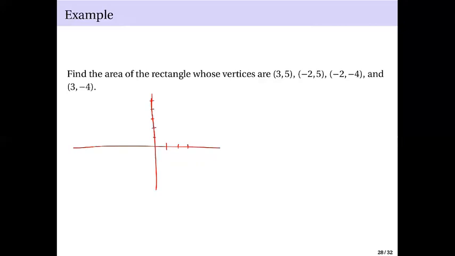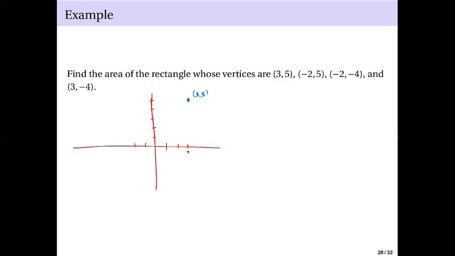So 3, 5 is somewhere here. And then we need negative 2, 5. So we have here negative 1, negative 2.